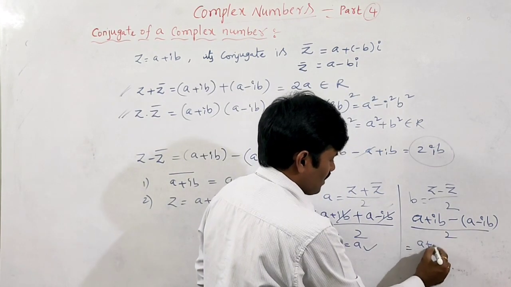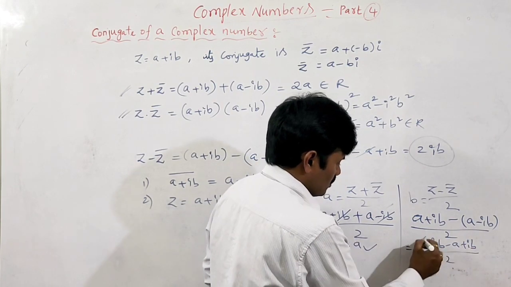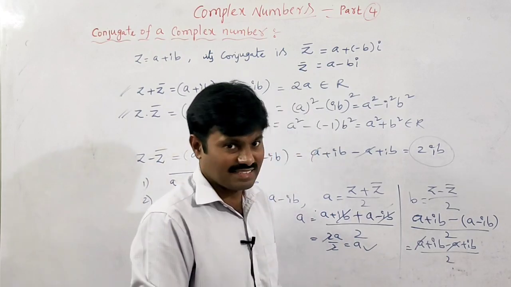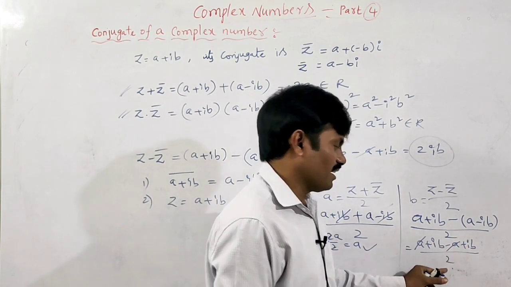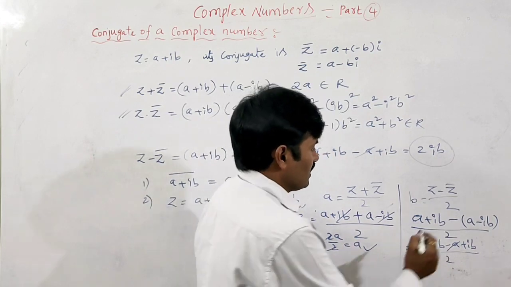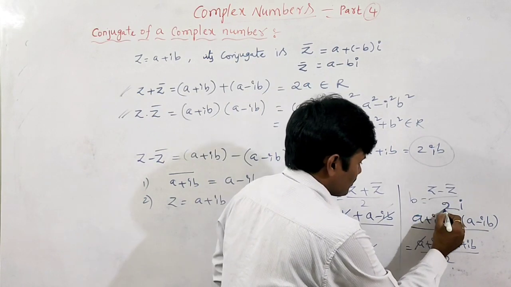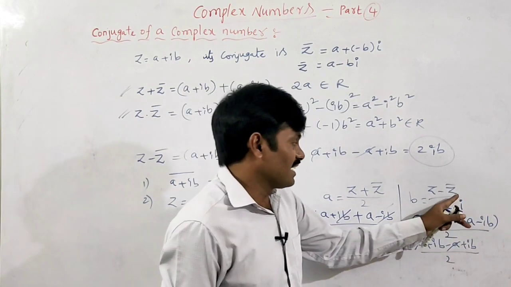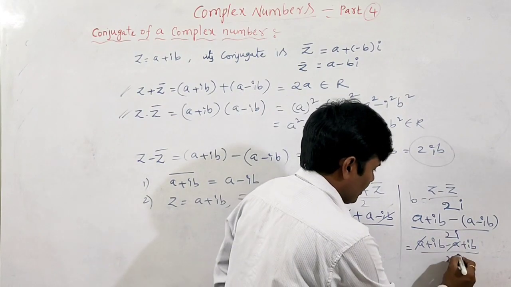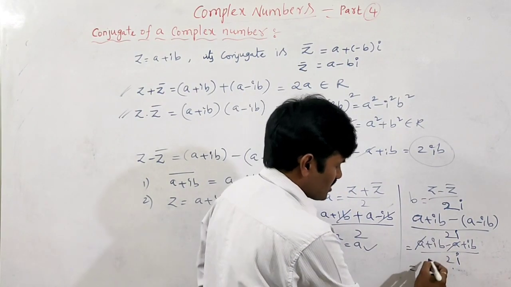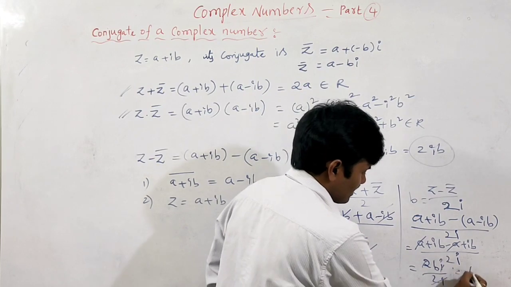That gives us a plus ib minus a plus ib, whole by 2i. So a minus a cancels. So we are getting 2bi by 2i. We have to write 2i here because i is also there, so 2bi by 2i gets cancelled, and the result is b.